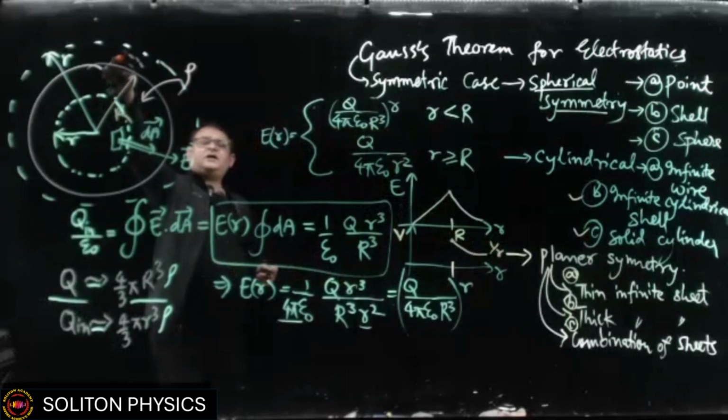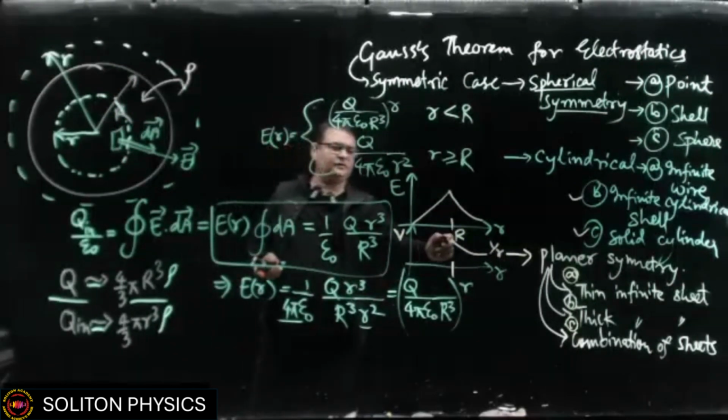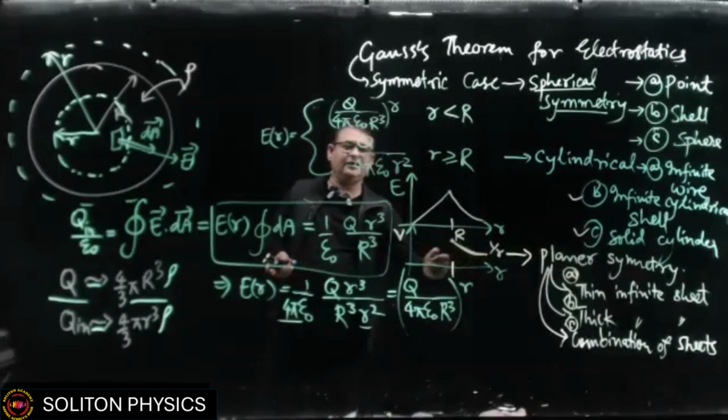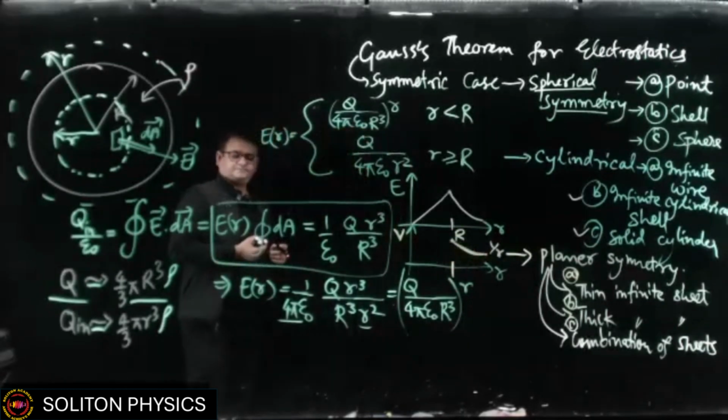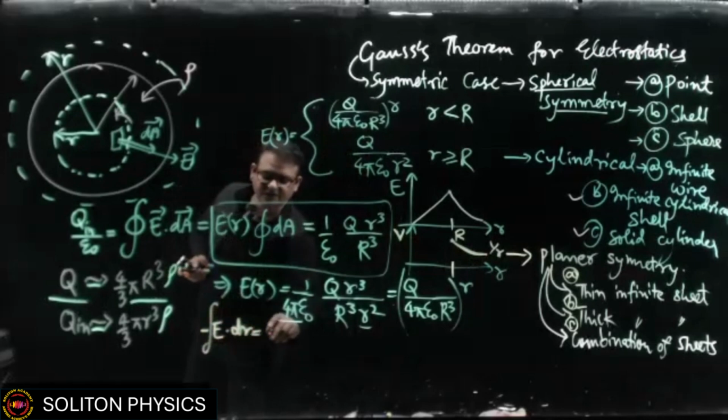Because if we go for r larger than small r, you would have the 1 by r dependence. Before that, you can think minus integral E dot dr is V of r.